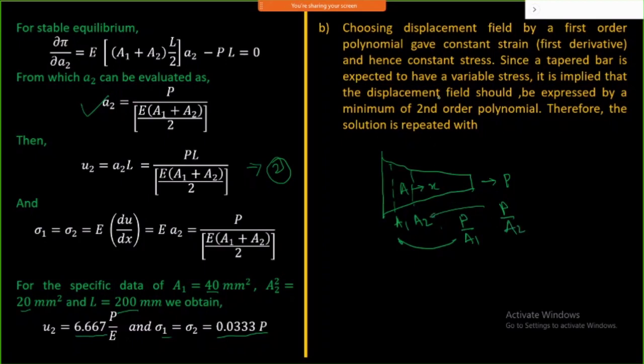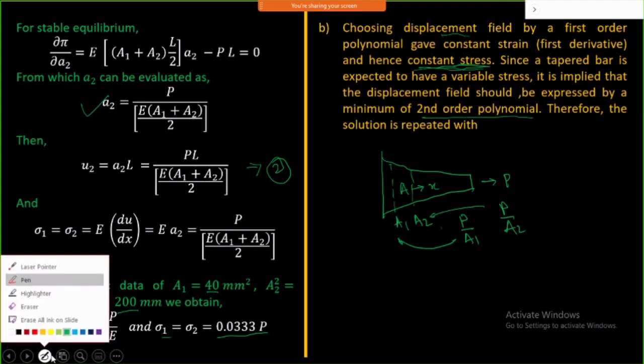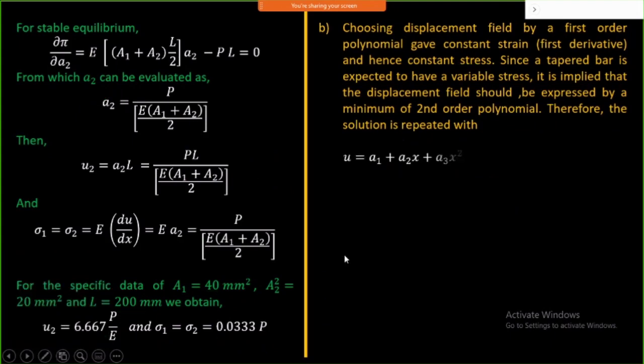But as we are assuming a displacement field as a first order polynomial, obviously the stress you can observe is a constant stress. Okay, so to avoid this, we want to go for a higher order polynomial, for a variable stress. It is implemented that displacement should be expressed by a second order polynomial, and therefore the solution is further modified like this.